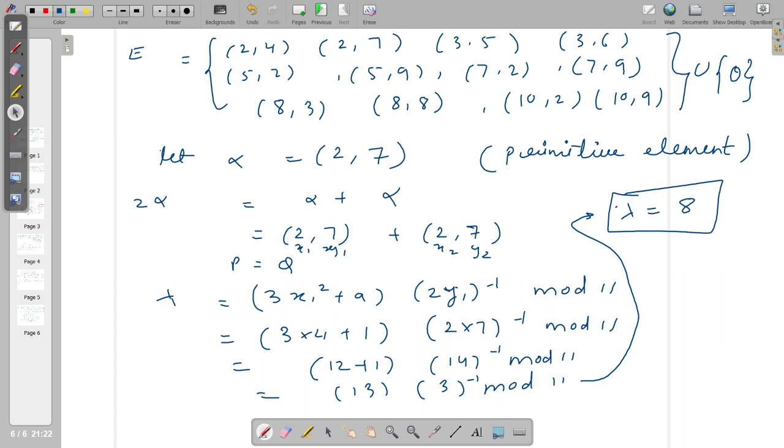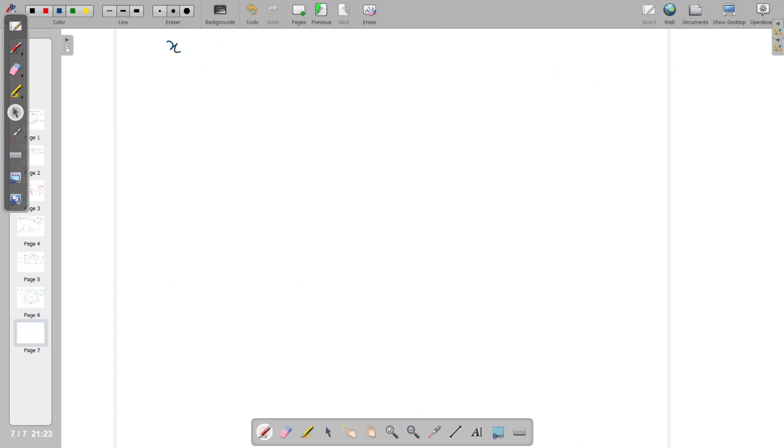Because it is 8 inverse, and 8 inverse is equal to 3, and lambda comes out to be 8. So when lambda is 8, we will calculate x3 and y3.